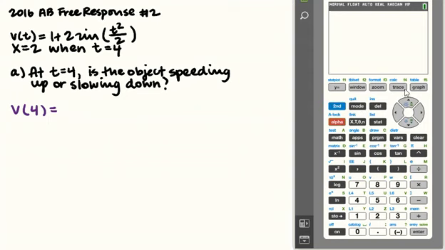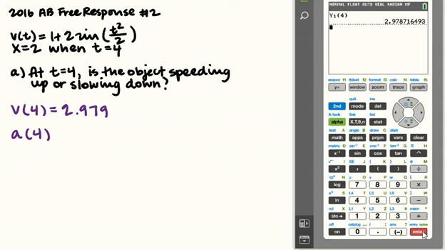Or we could call on y1 as if it was f of x, use some parentheses, plug in 4, and the calculator knows what you mean. So that's 2.979. And I think that's pretty nice. If I want to find the value of the acceleration at time t equals 4, what am I going to do? How do I find acceleration if I have velocity?